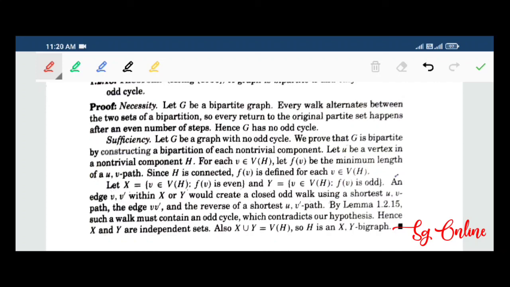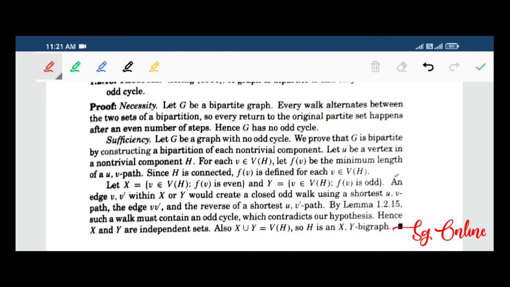The proof is easy when the graph is connected, so suppose the graph is disconnected and has several components. If we can prove that every component is bipartite, then the whole graph is bipartite, as we explained before. So we consider any component of the graph, which has no odd cycle, and we prove that this component is a bipartite graph.